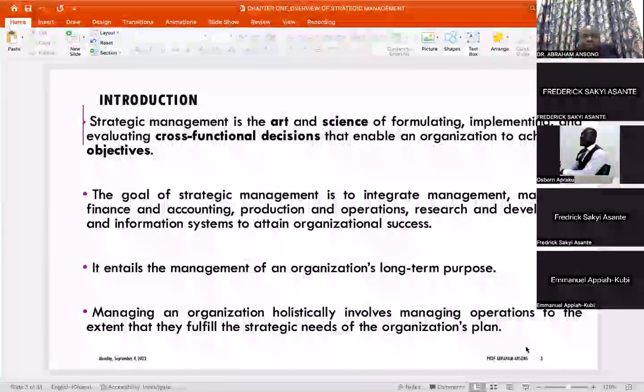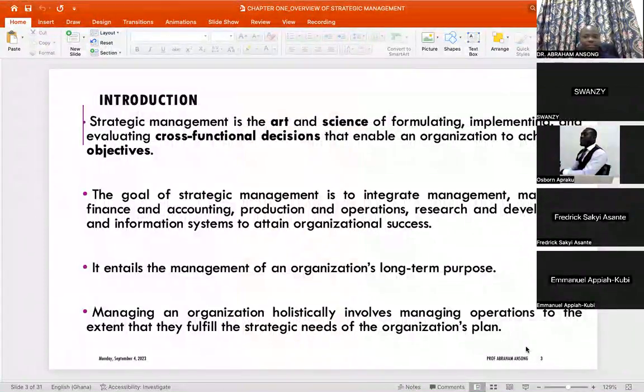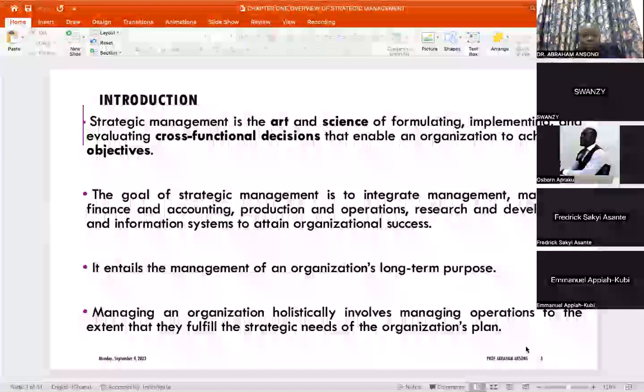All right. The next thing is that strategic management focuses on the long-term purpose or goals of an organization. In business, normally when we use the word strategic, it connotes a long-term perspective. When we use the term operational, normally we're dealing with the day-to-day activities of the organization.